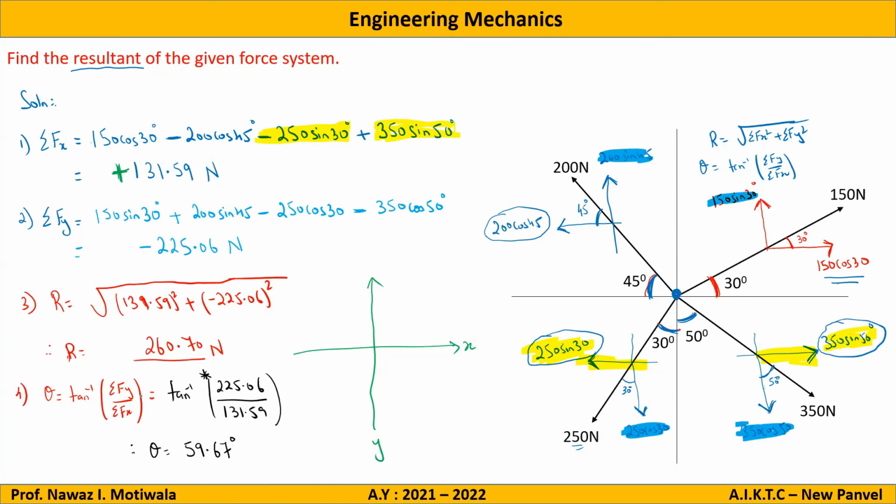Fourth quadrant. So I will make the resultant in the fourth quadrant. I will write its value, 260.70 Newton, at an angle of 59.67 degrees with respect to x.